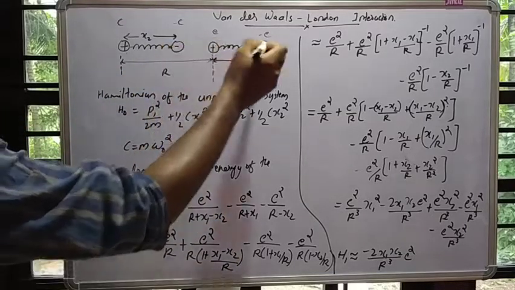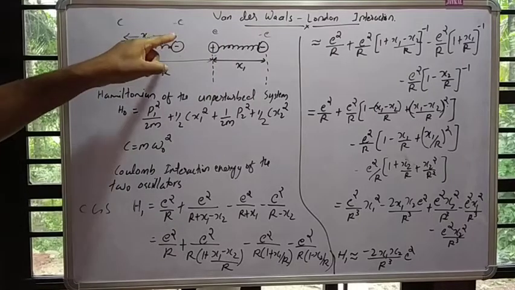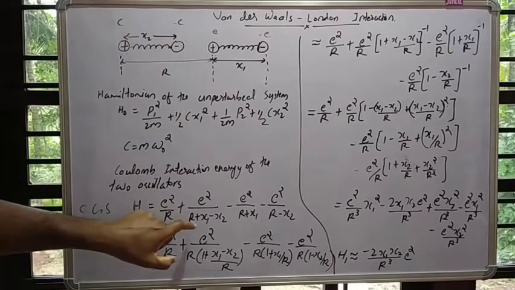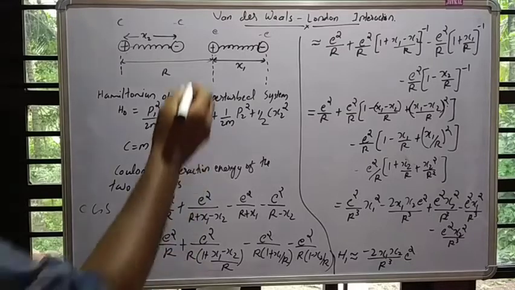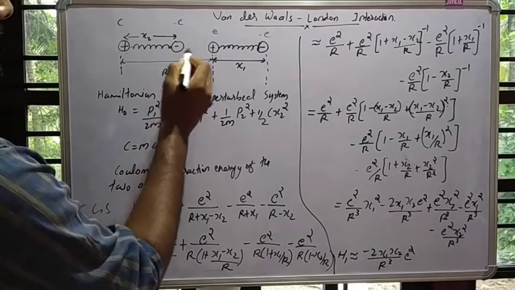The distance between these two charges is R plus x1 minus x2.